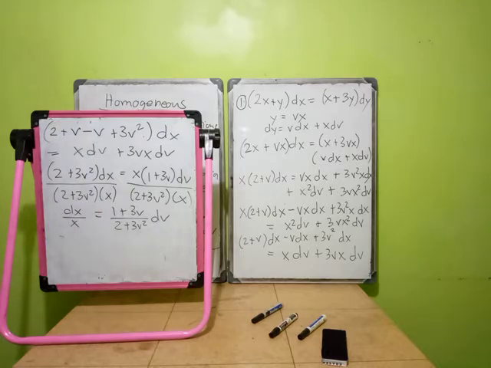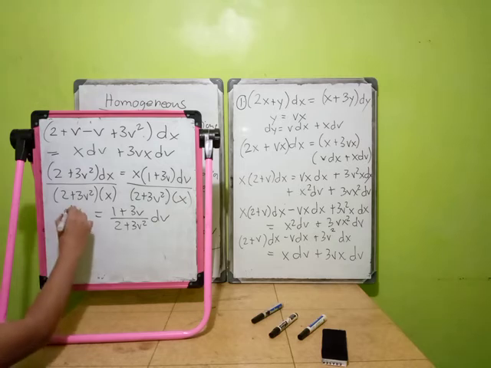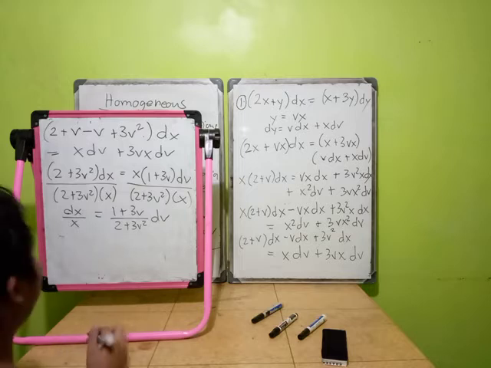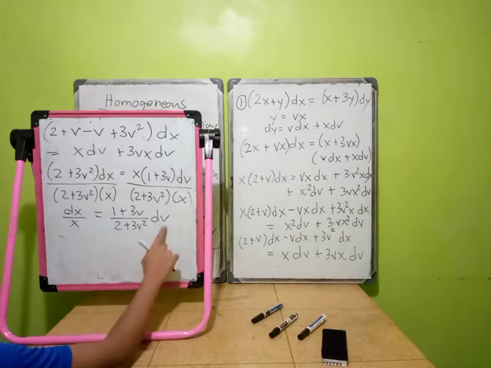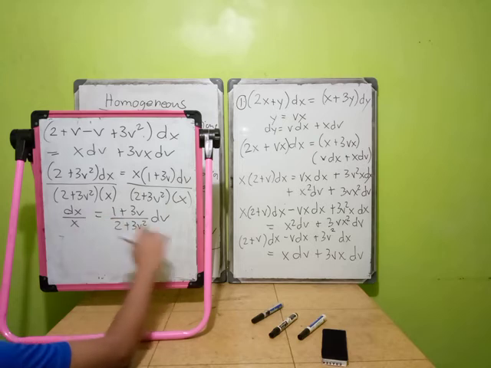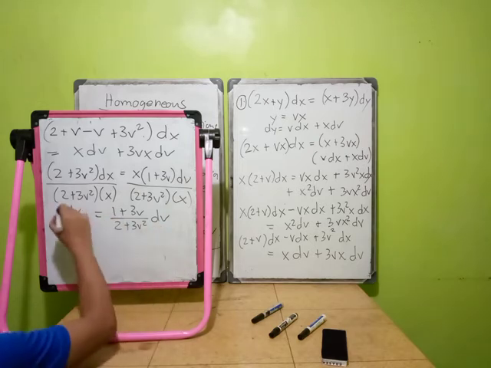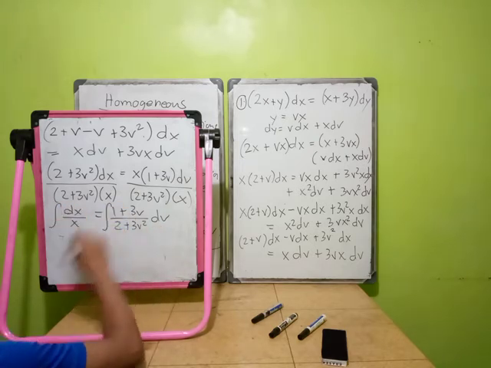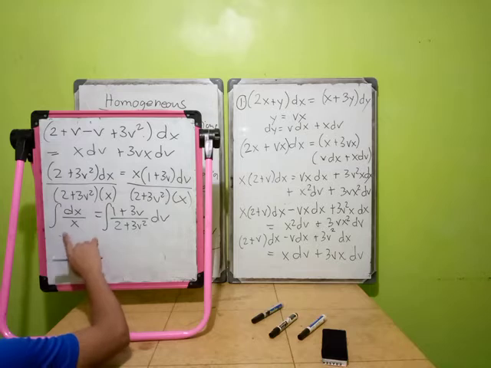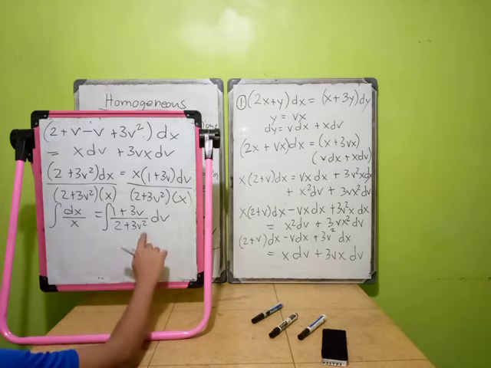So pwede natin ngayon ma-apply, pwede na, dahil lahat ng may v nandito na, and then lahat ng may x nandito na, so pwede na natin siyang i-integrate. So yung problema na lang natin is ito. Okay? So you can decompose this one.